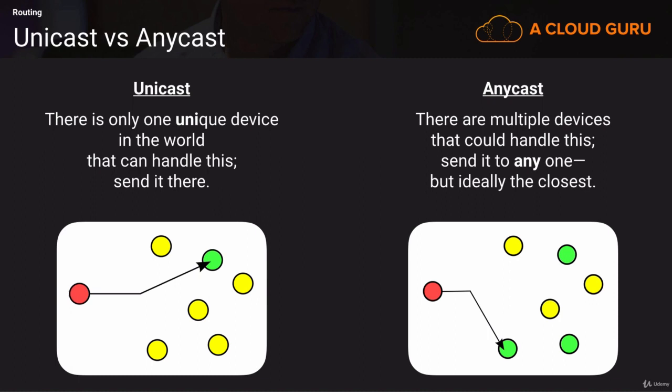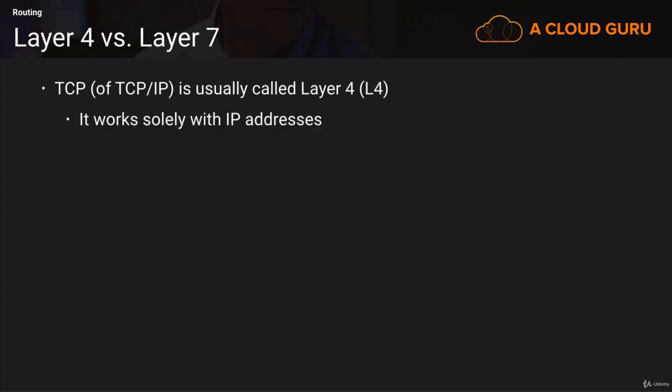Anyway, another thing to clarify is this whole Layer 4 versus Layer 7 thing. Now TCP of TCP/IP, which is the primary protocol we use to send data around the internet, is usually considered to be at Layer 4 in the OSI model that I mentioned earlier. Now at this level, there are really only IP addresses.